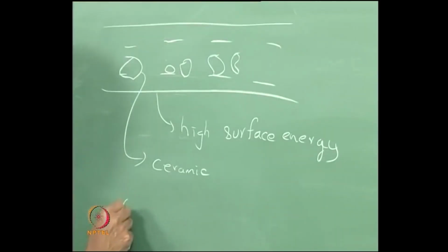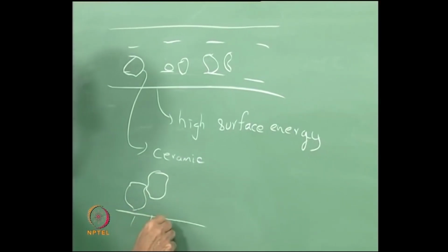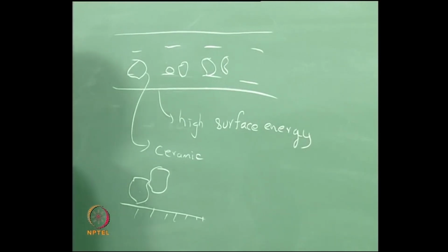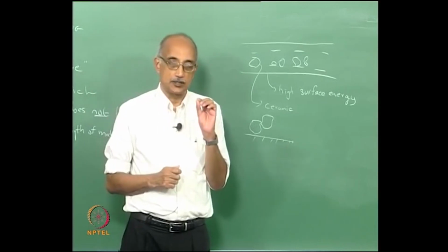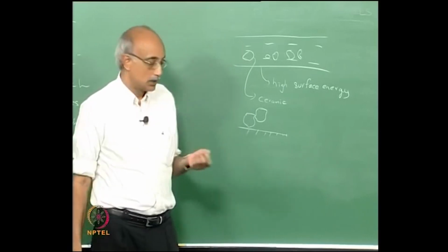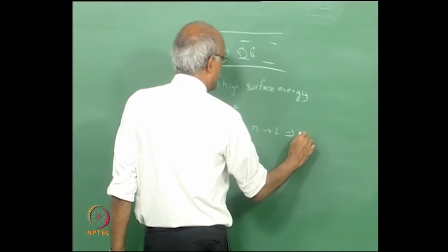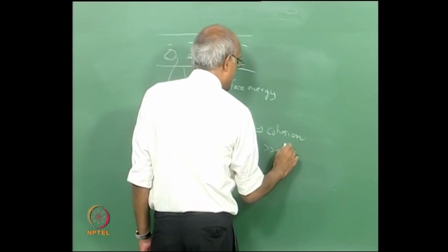So, one ceramic particle that is adjacent to another and also adjacent to a surface will essentially be making a choice of whether it wants to adhere to the surface or remain cohesive in the flow. Now, here is where the cohesiveness index plays a huge role. When the cohesiveness index is high, as n tends to 2, basically cohesive forces will dominate over adhesive forces.